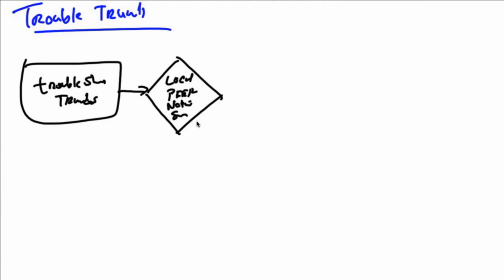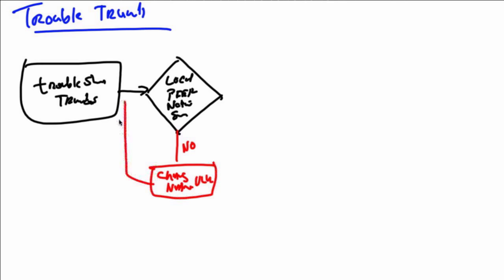It's going to affect something called spanning tree, a protocol we haven't really talked about yet. So if they're not configured properly, we're going to have to change the native VLAN, and obviously retest. But what if they are in the same configuration?